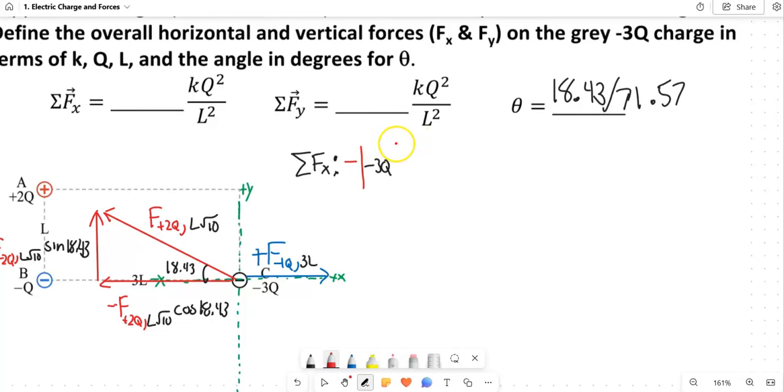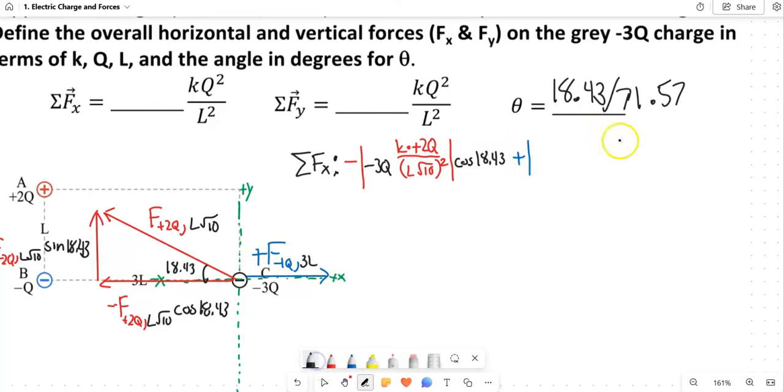And the red, positive 2q, which is a distance L square root of 10 away, we're going to end up squaring that. And that is at an angle of cosine of 18.43. Okay. Now, in this case, we now have to add this vector to it, which is to the right.